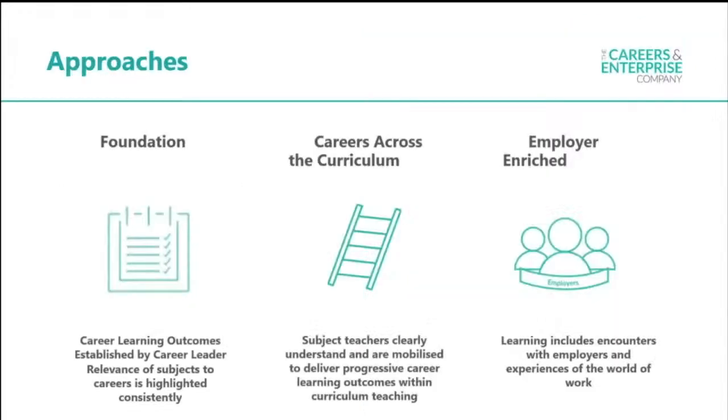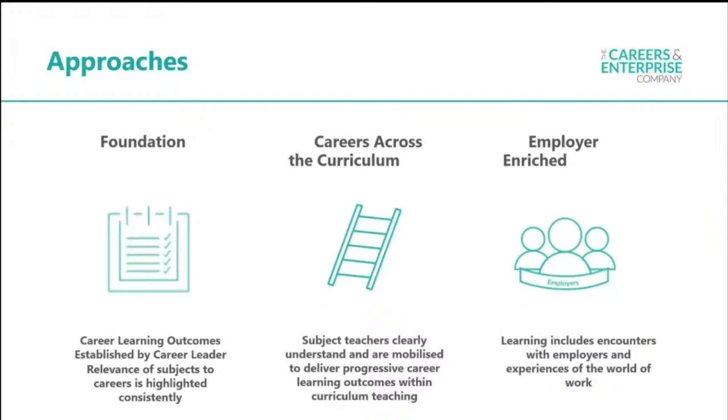So what are the approaches? The starting point is the foundation approach. This directly evolves from benchmark 1, and it involves you really starting with ensuring that you have got progressive learning outcomes which derive and support a strategic careers plan.